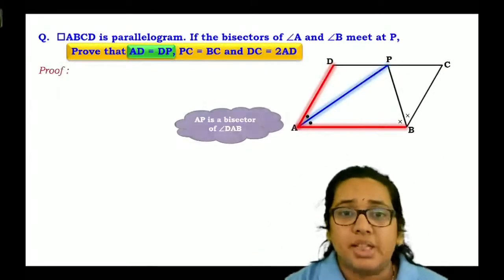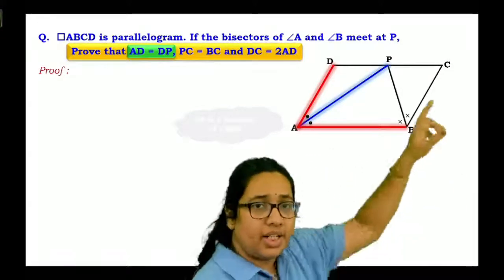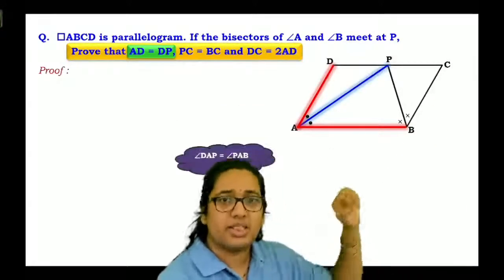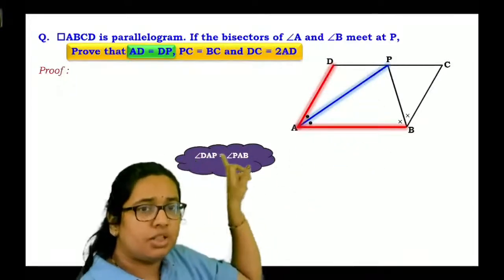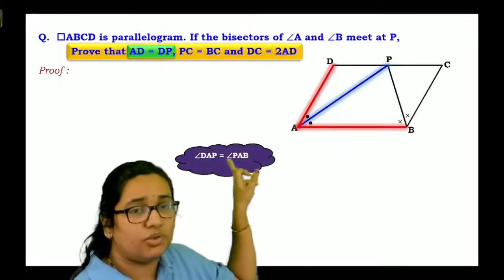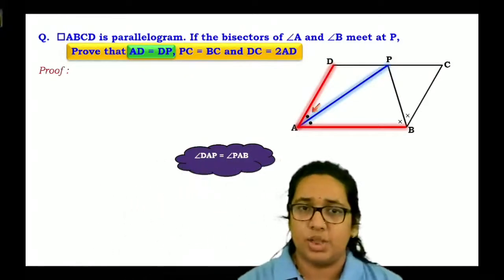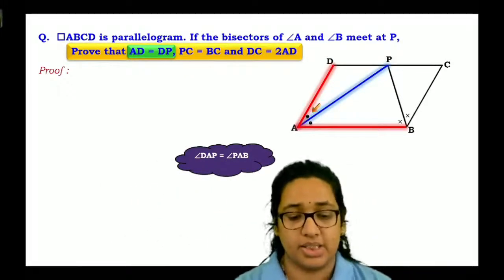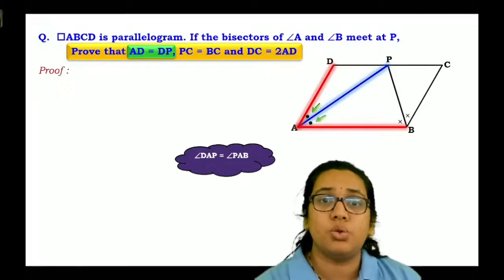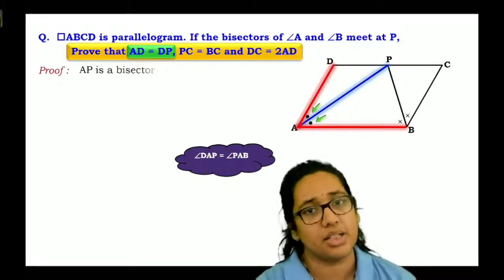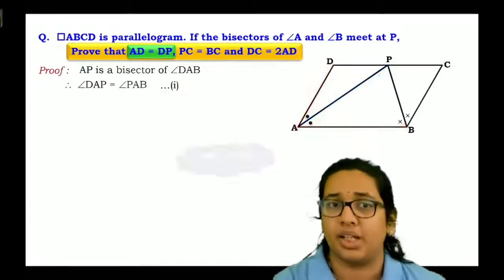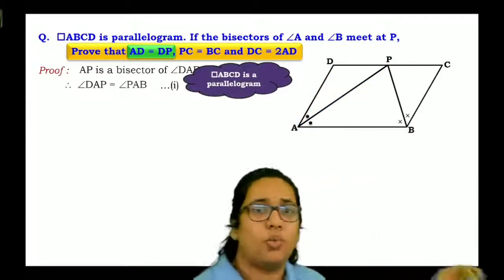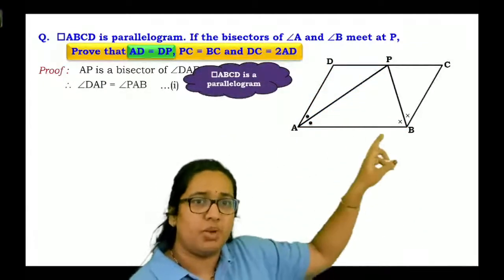As AP is the angle bisector of angle A, we can say that DAP and PAB are equal. Measure of angle DAP and measure of angle PAB are equal.